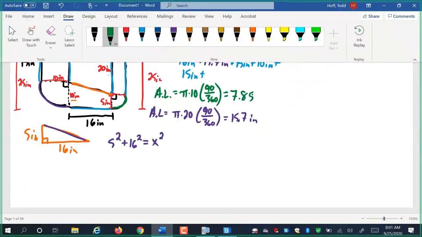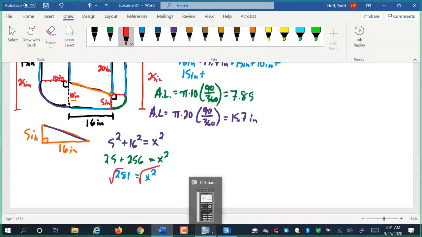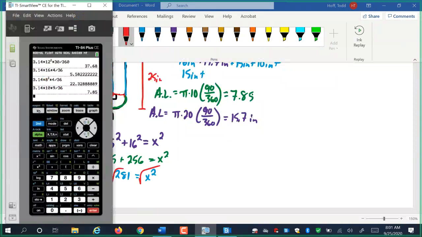So 5 squared, of course, is 25. 16 squared is 256. 25 plus 256 is 281. So to find that length, we have to square root. Square root of 281 gives us 16.76.